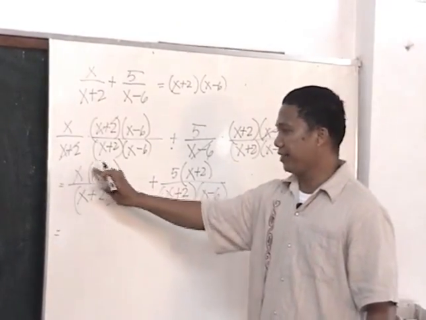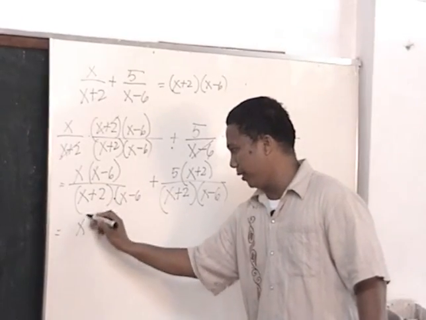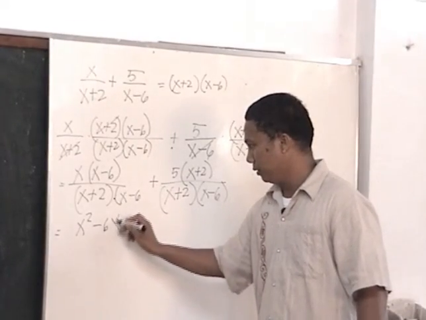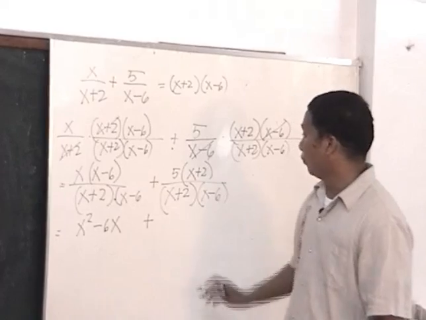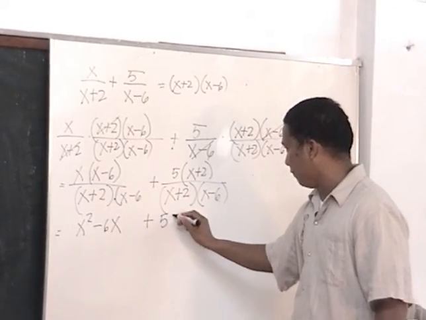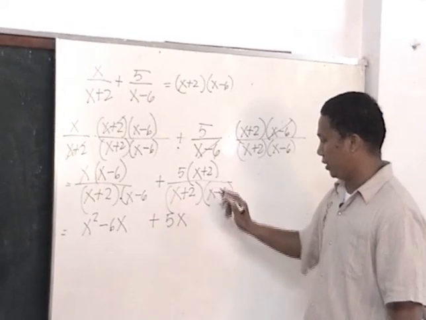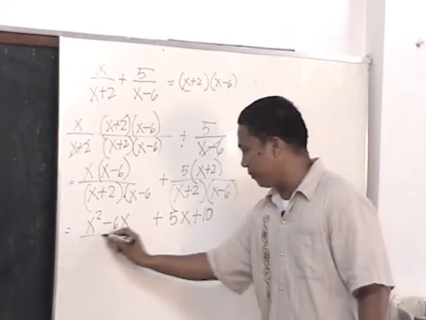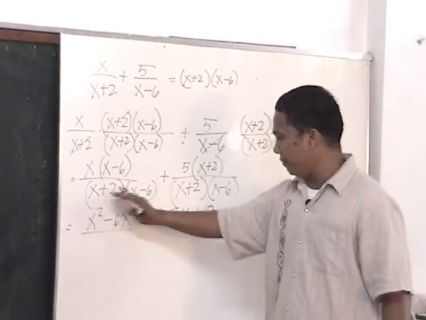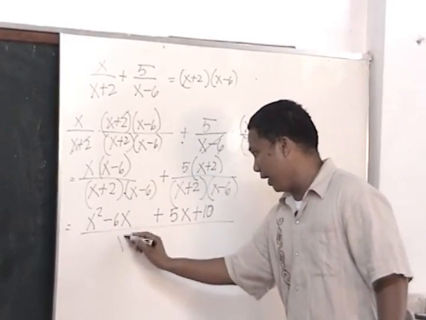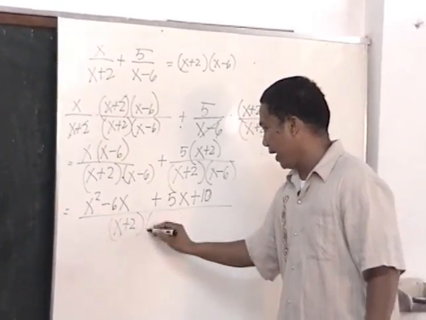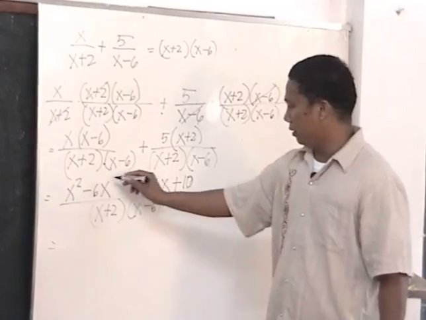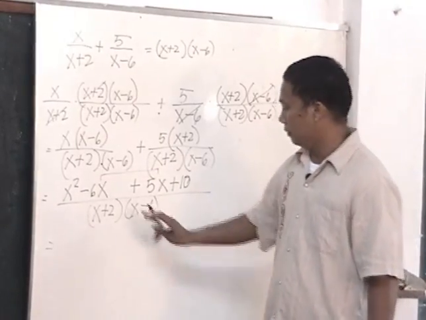We have x times x, we are having x squared. X times negative 6, we have negative 6x. Plus, we have 5 times x is 5x. And 5 times 2 is equal to 10. And the denominator, since we are having the same denominator, we are using x plus 2 and x minus 6.